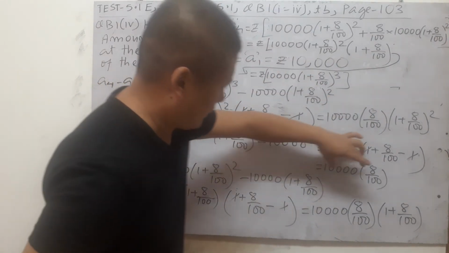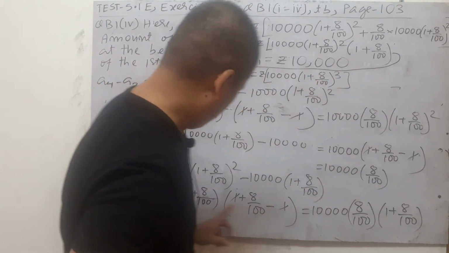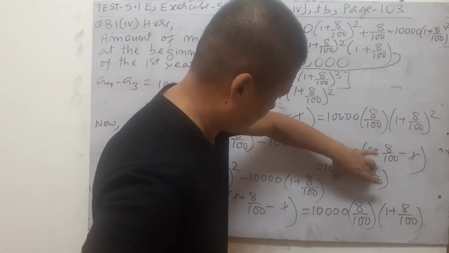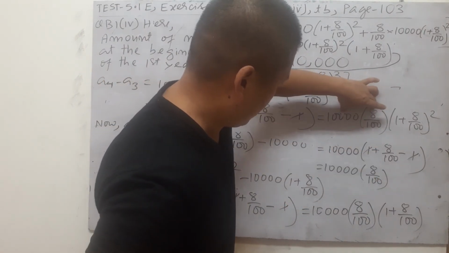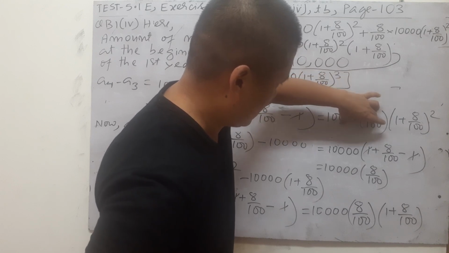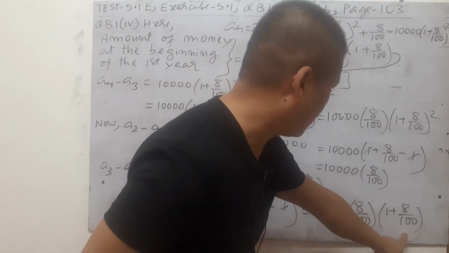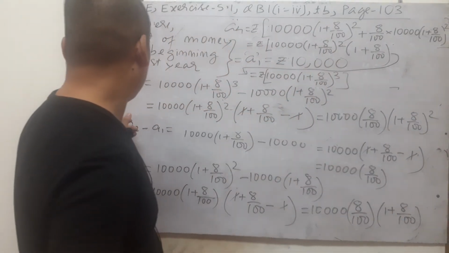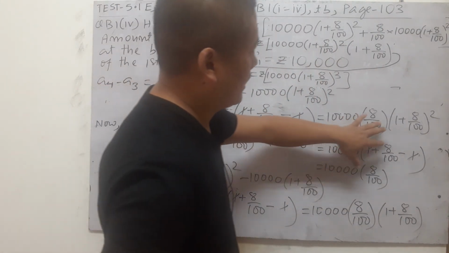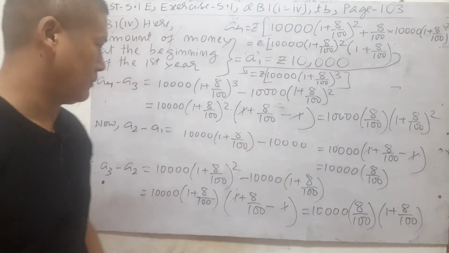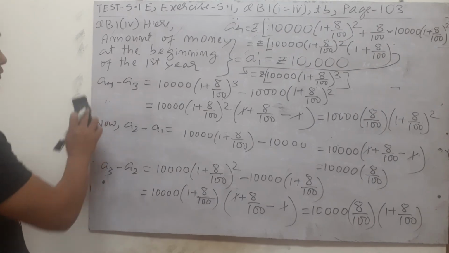A2 minus A1, 10,000 into 8 by 100. A3 minus A2, 10,000 into 8 by 100. It's the same factor. Here also, A4 minus A3, 10,000 into 8 by 100. The extra factor in A3 minus A2 is 1 plus 8 by 100. The extra factor in A4 minus A3 is (1 plus 8 by 100) square. So they are not the same. So you can write finally your answer.